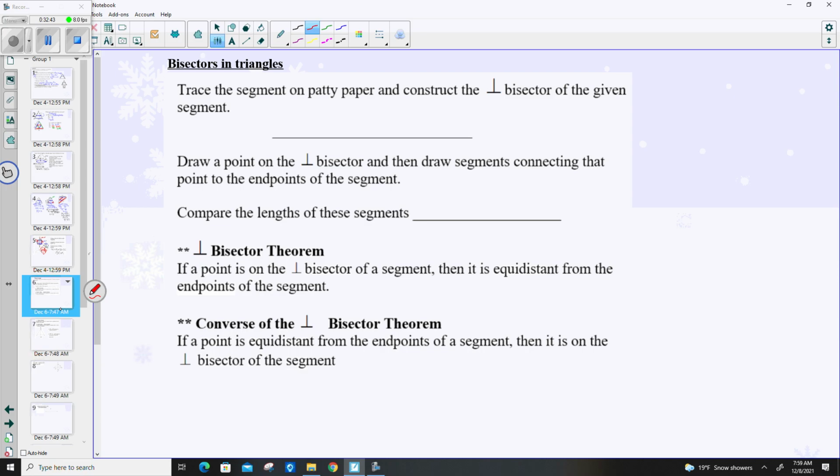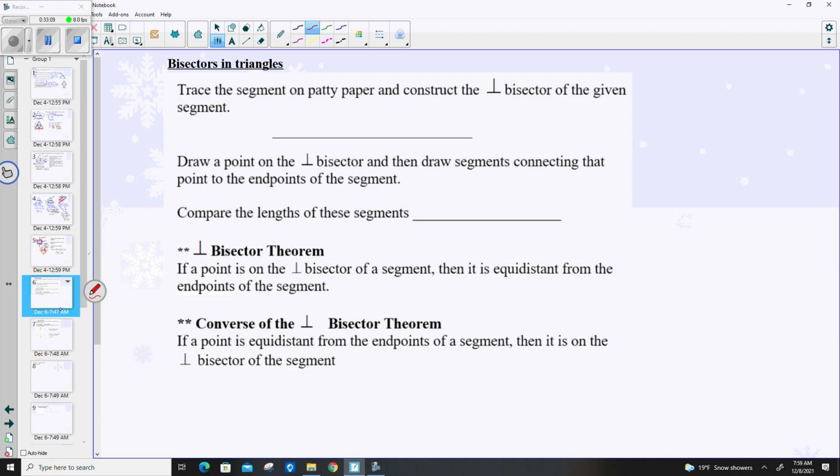Oops, I put you too close to the edge. Got that segment drawn on their patty paper right now, right?